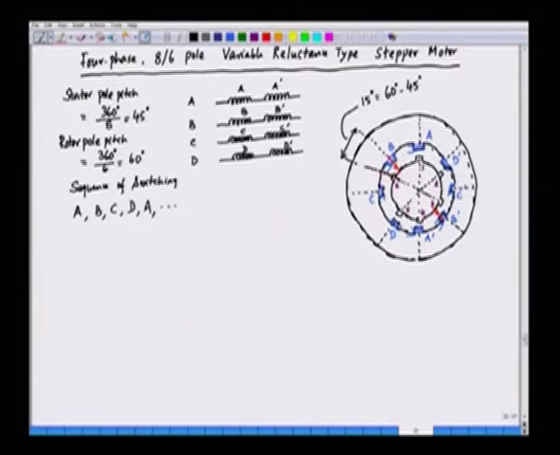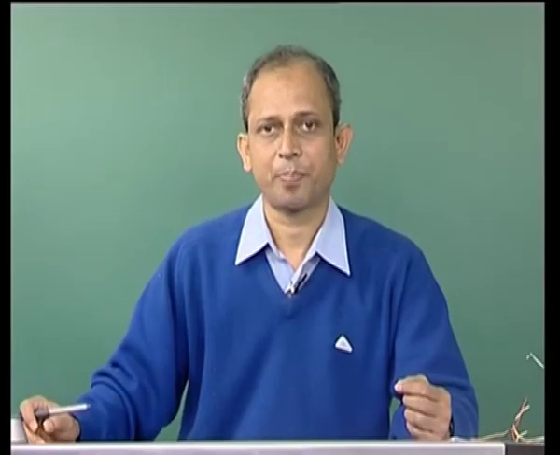So, the step size is 15 degrees, and the rotor rotates in the clockwise direction. 6 is coming under phase B, 3 is coming under B prime, so the rotation is clockwise.